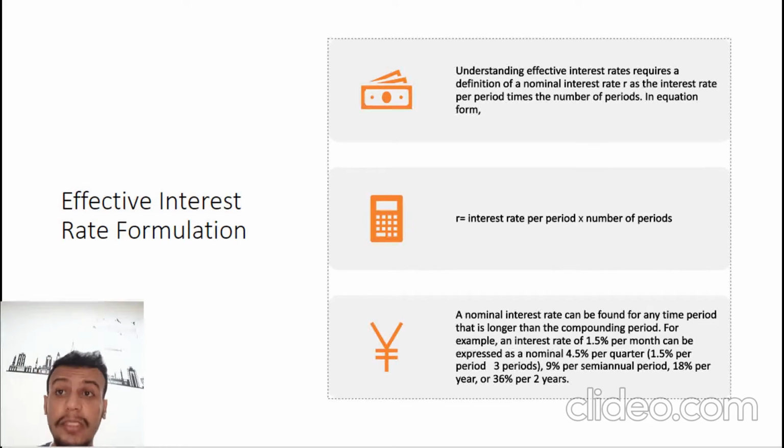A nominal interest rate can be found for any time period that is longer than the compounding period. For example, an interest rate of 1.5% per month can be expressed as a nominal 4.5% per quarter. It means 1.5% three times: for 3 months, 3 multiplied by 1.5 is 4.5.